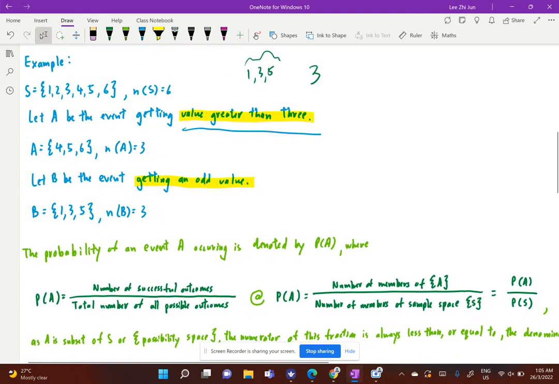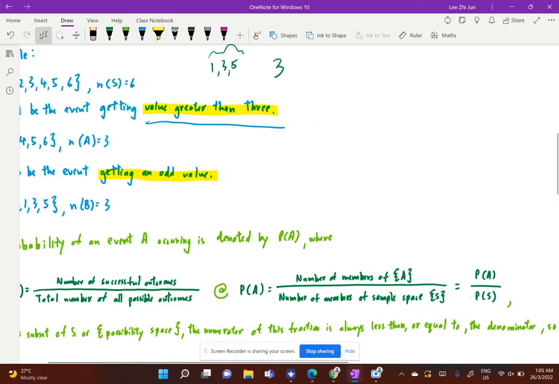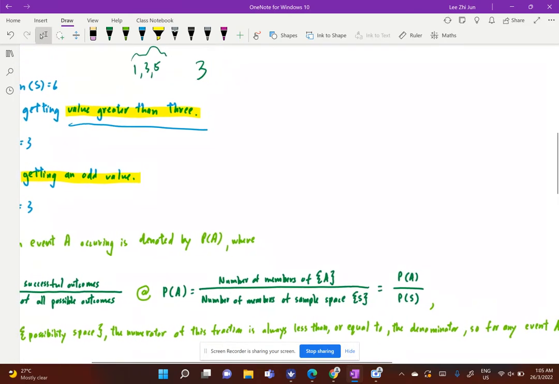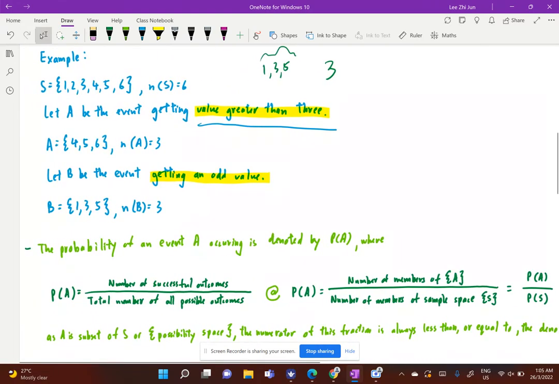As A is a subset of S, the numerator of this fraction is always less than or equal to the denominator. So for any event A, the number of A won't exceed the number of the sample space.